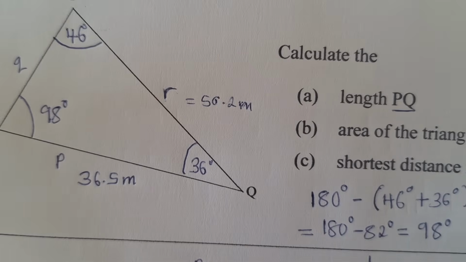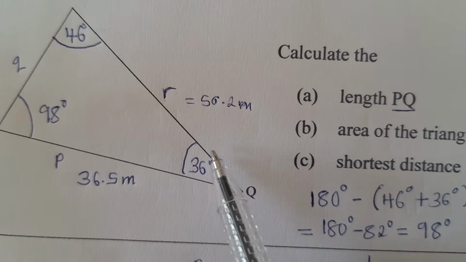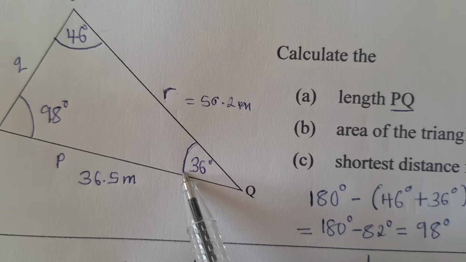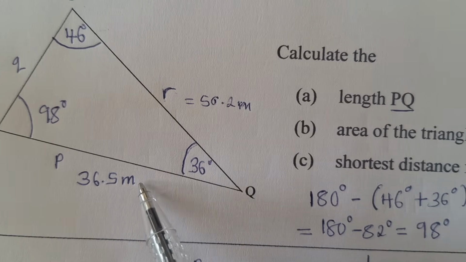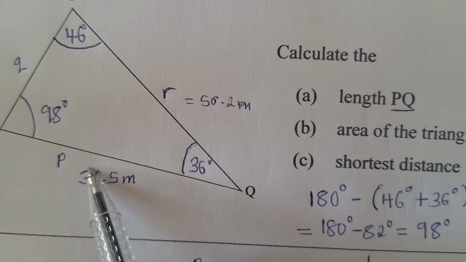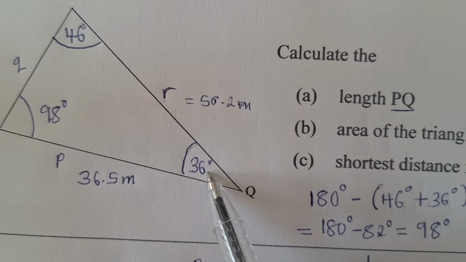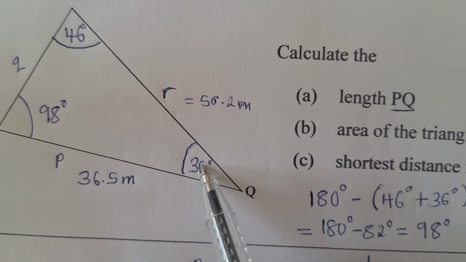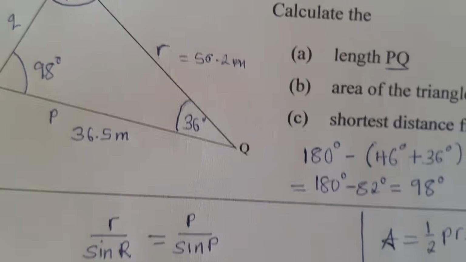So look at this. When finding area, you always start with 1 over 2, you get an included angle. This is an included angle because it has got both sides, this side and this side. So we're going to use the sides which are forming the angle. In other words, you multiply these sides and use also the angle which is being formed.